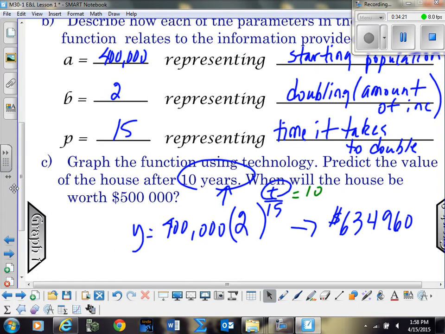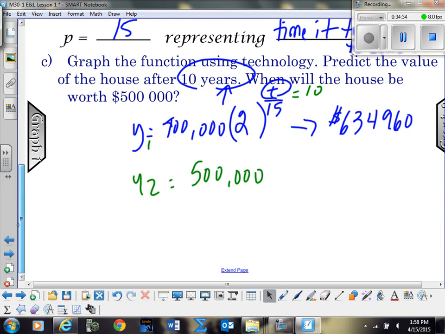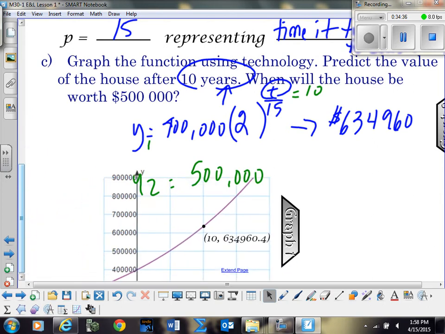What I would do with that one is a Y1, Y2 question. So this would definitely be adjusting your window and finding the intersection of these. Here's what we would see.